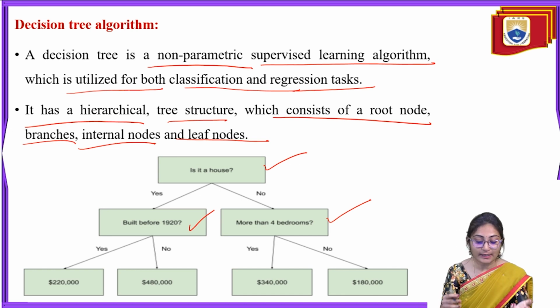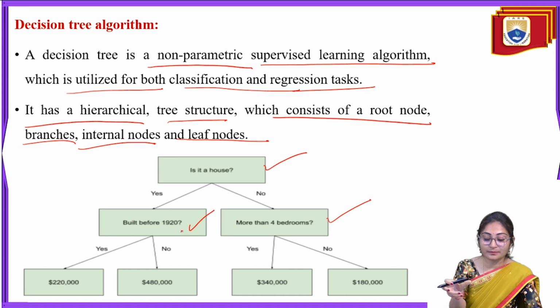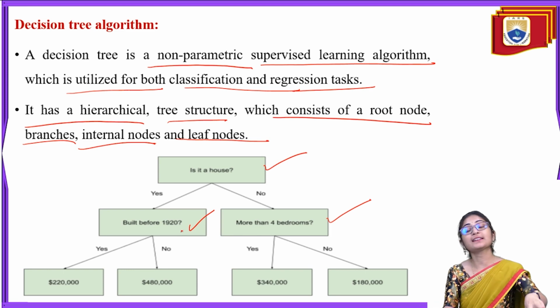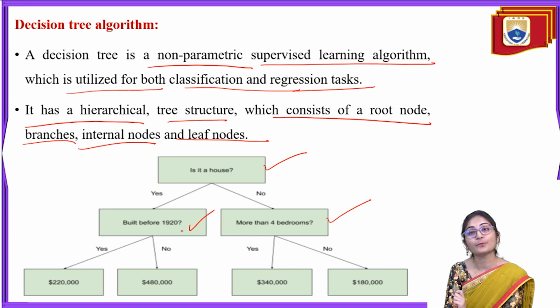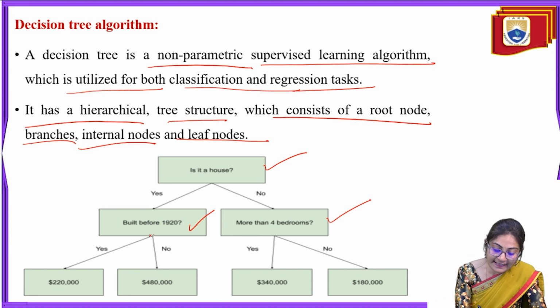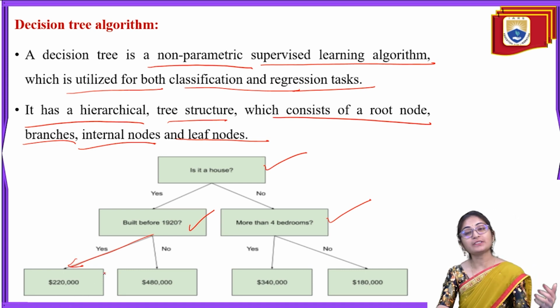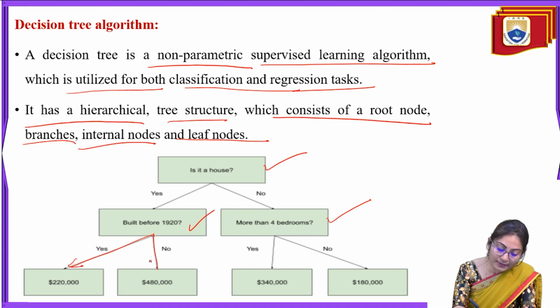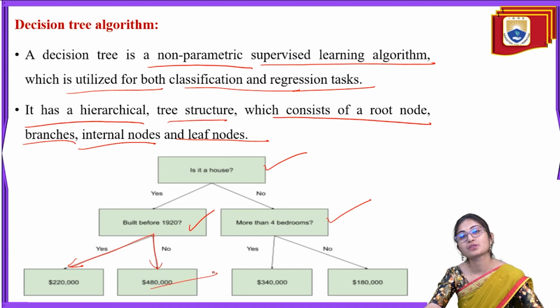Then again, if it's built before 1920, there are two chances, yes or no. If it's yes, then what is the cost? $220,000. And if it's no, then what is the cost? $480,000.